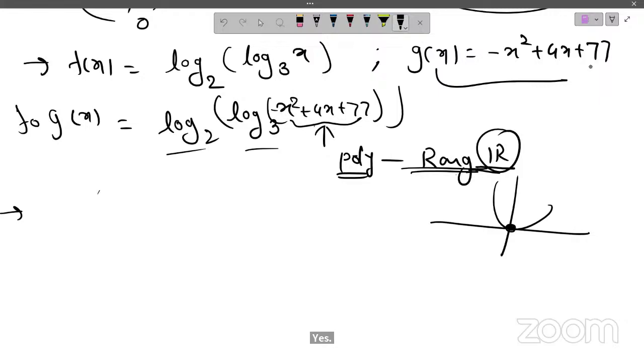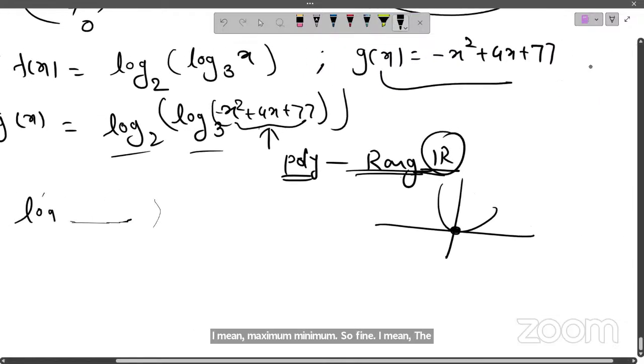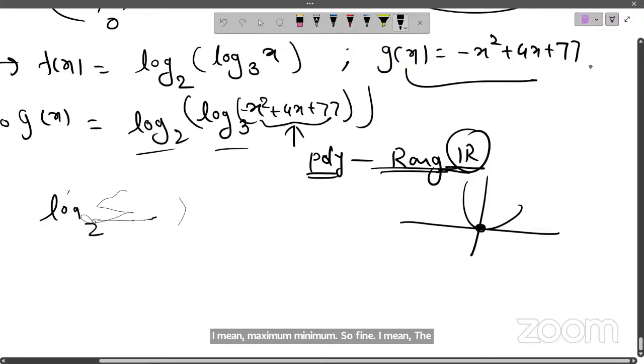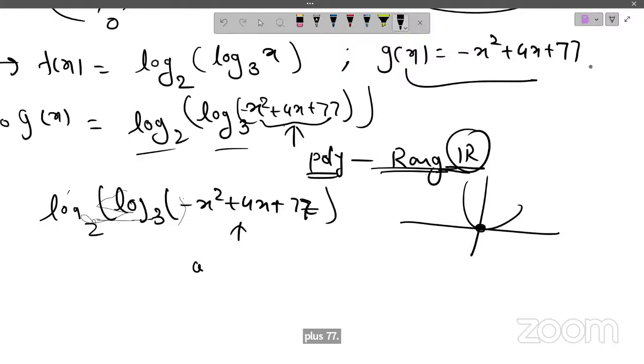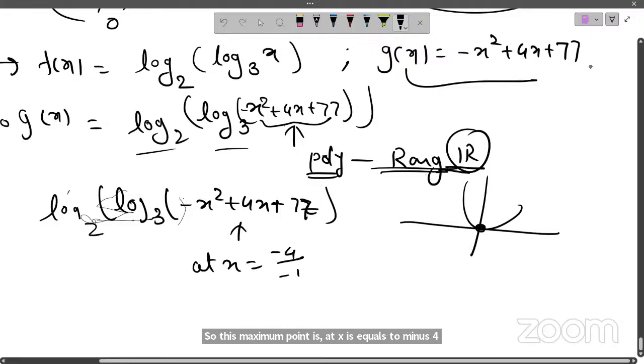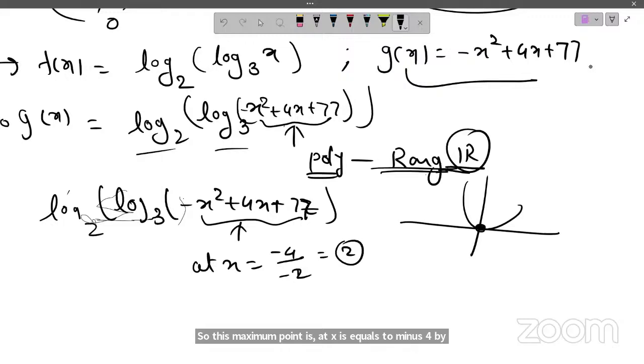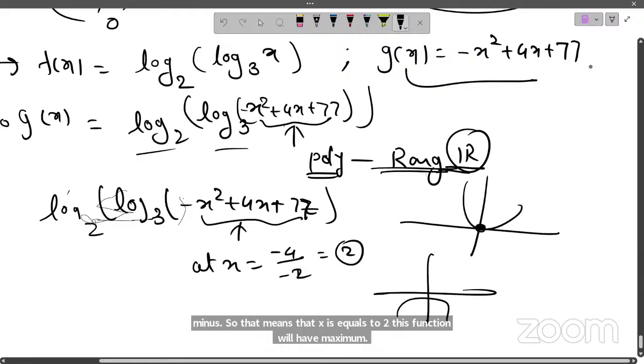This is clear, but this is log base 2, log base 3 of minus x square plus 4x plus 77. So this maximum point is at x equals minus 4 by minus 2. That means at x equals 2, this function will have maximum point, right? This is a downward parabola, no?